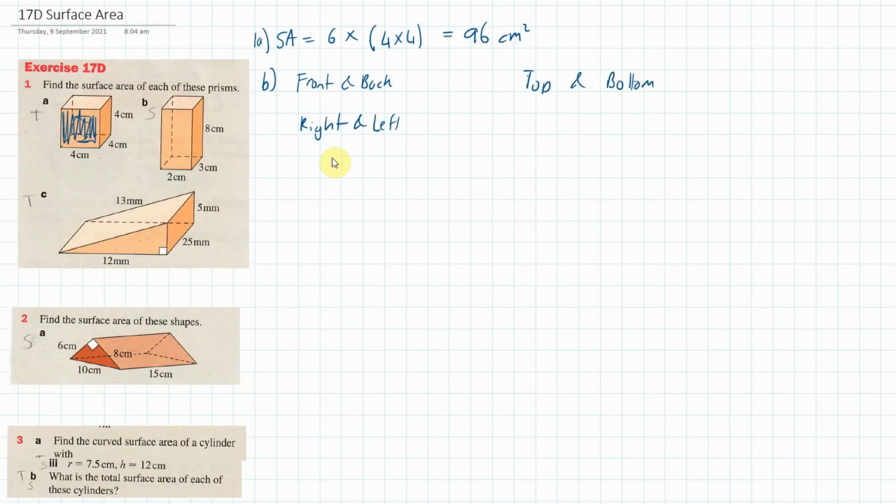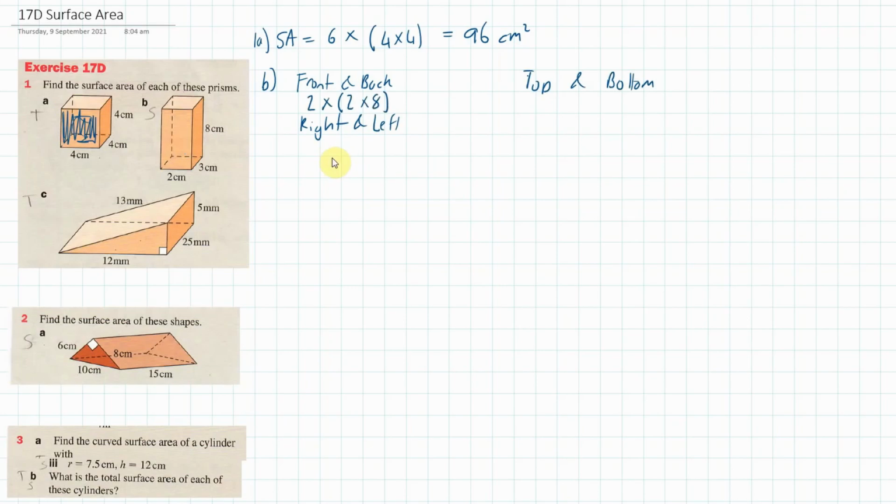Okay, and so if we look at the front and back, that's this one here, right? It's a 2 by 8, and there are 2 of them. So I'm going to be doing 2 lots of 2 by 8. So that's how I get those ones.